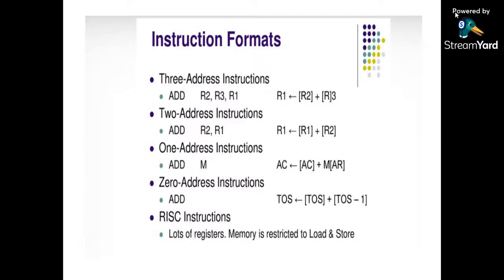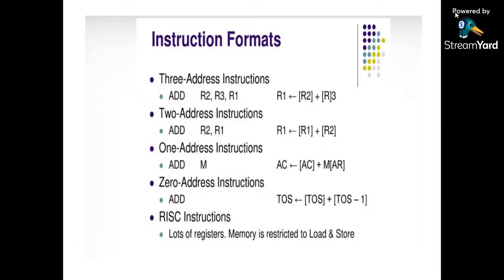And the example is add r2 comma r3 comma r1. We are going to see what the difference is between three address instructions, two address instructions, one address instruction, and zero address instruction. Then there is the two address instruction.